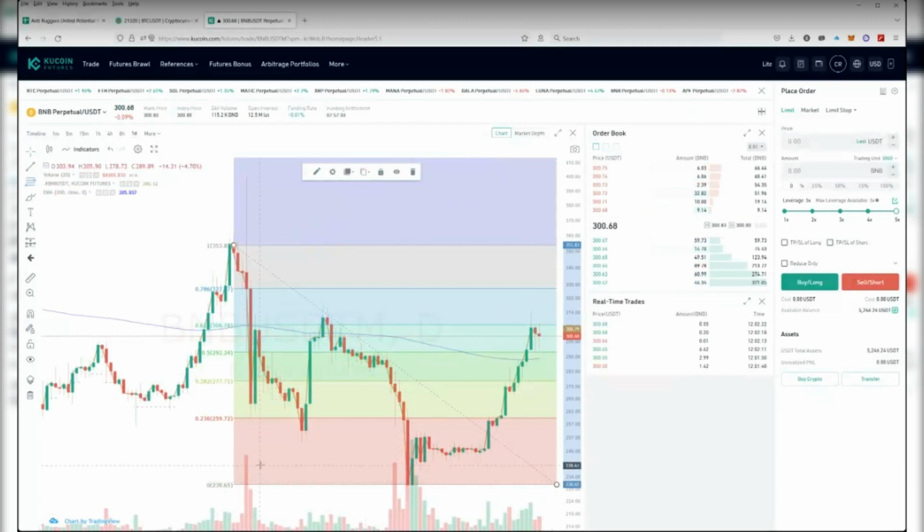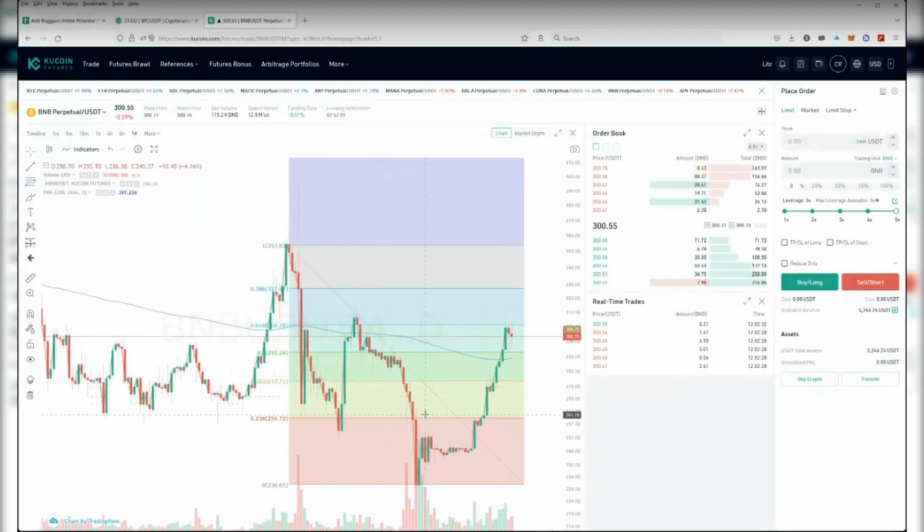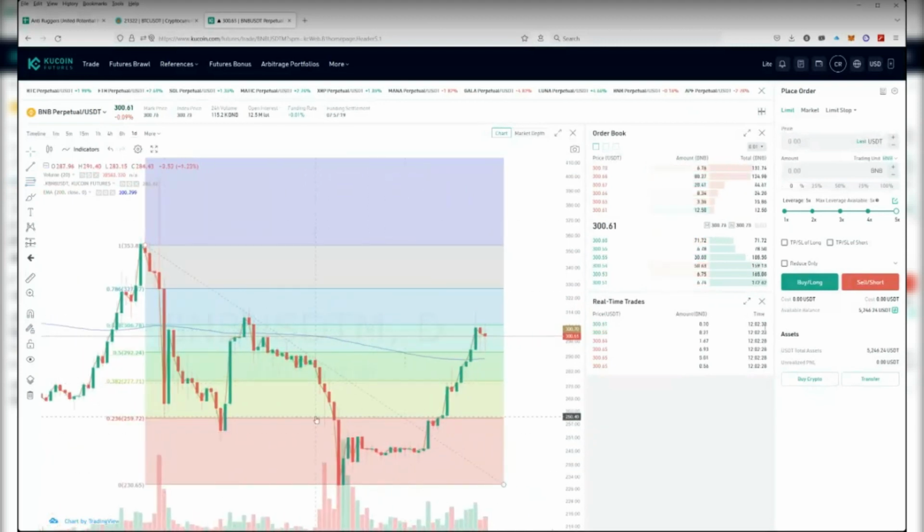Okay. So this was the move from 355 down to 230. That was your move. And now you want to short it again based on Fibonacci, based on this move.